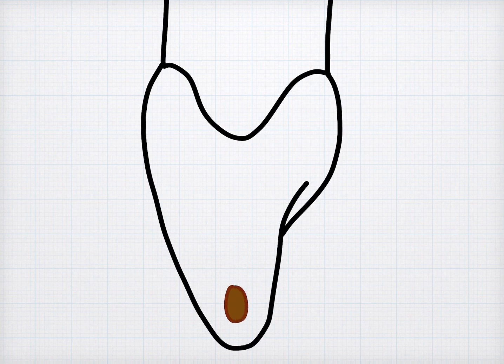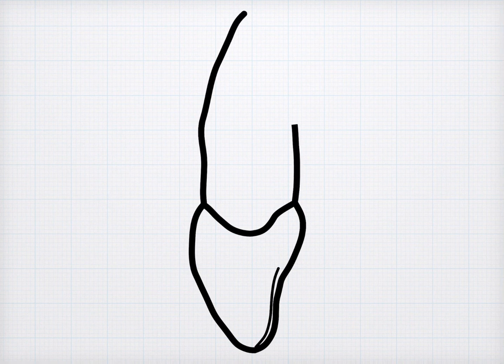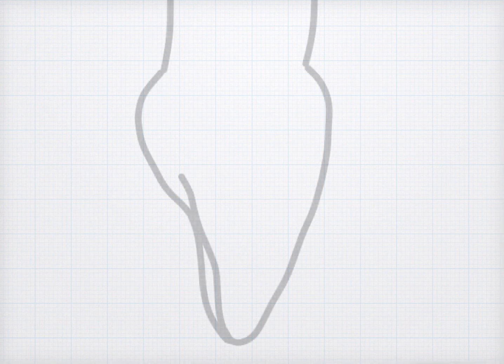The labial outline of the root is slightly convex from cervical to middle third and tapers to the apex, whereas the lingual outline is straight from cervical to middle third and tapers to the apex gradually. The distal surface is more or less similar to mesial, but there are a few significant differences too.